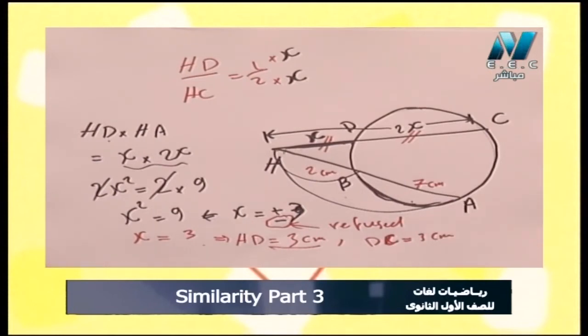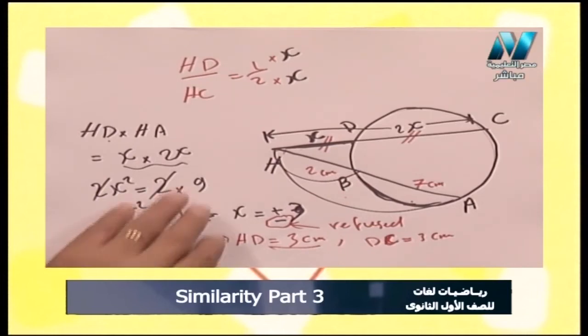We have also another question for you. Yes, try to concentrate, my dear students. If we have a circle and two chords intersect inside the circle, we can say the products of the parts are equal, and if we have two chords that intersect outside the circle, we have another way of solution.